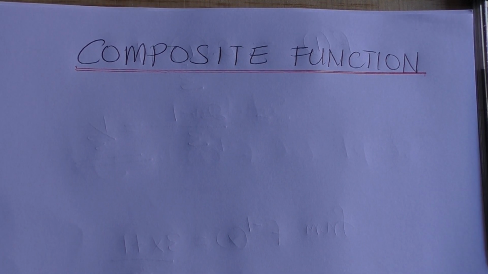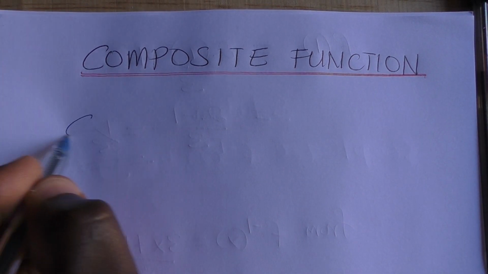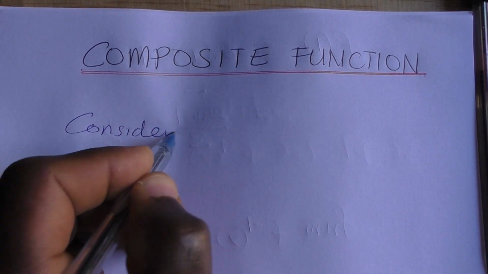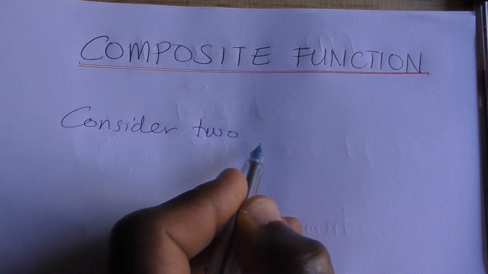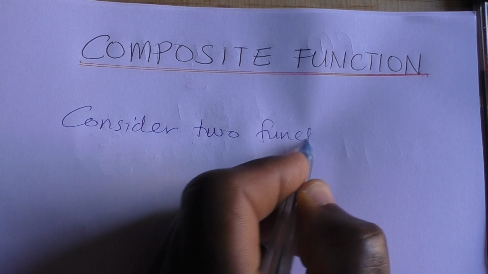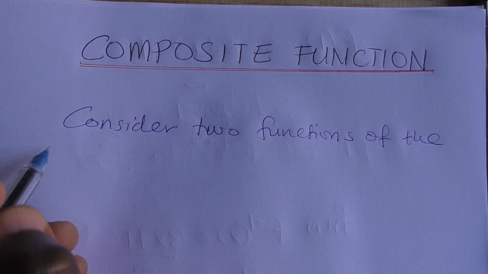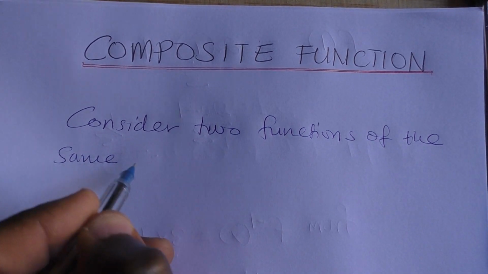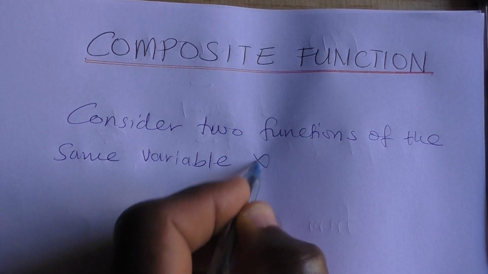A composite function is a function of a function. What does this mean? Does it make sense? Let us consider two functions of the same variable x.